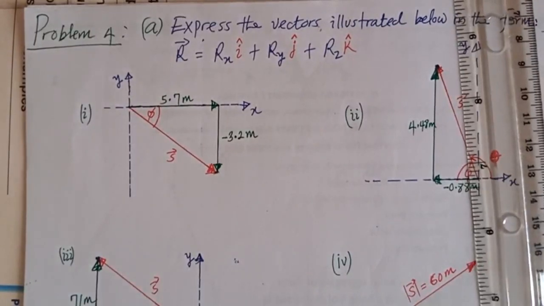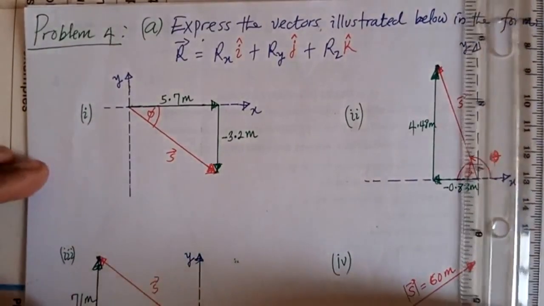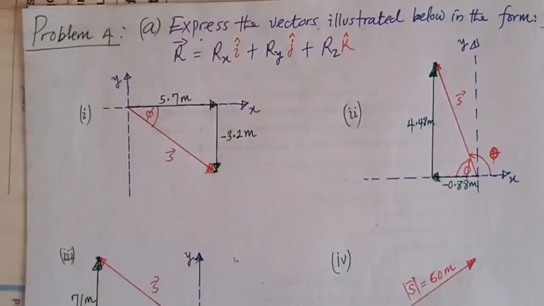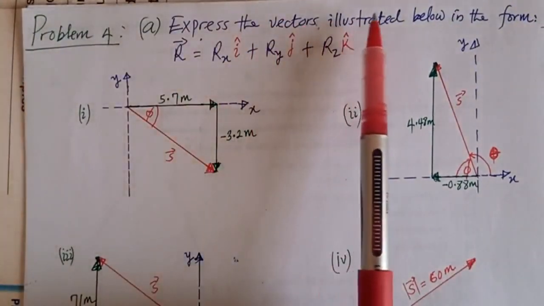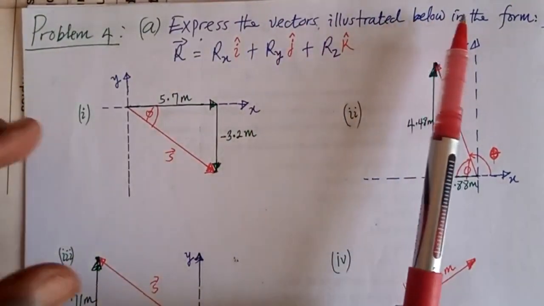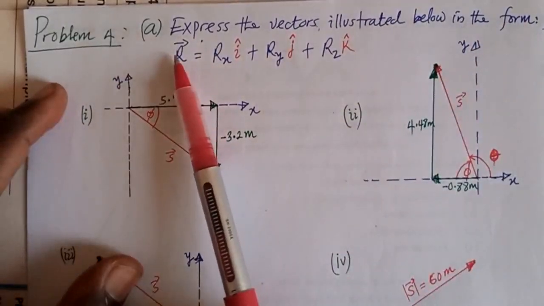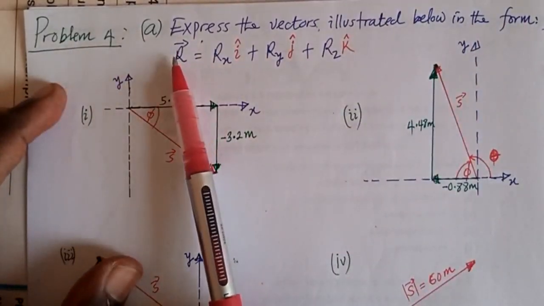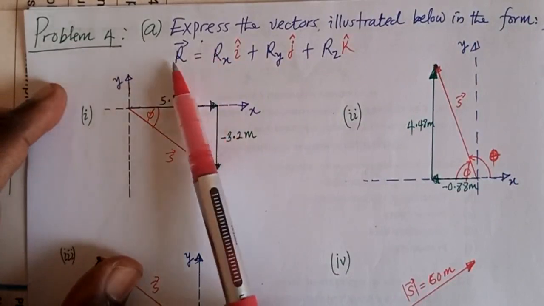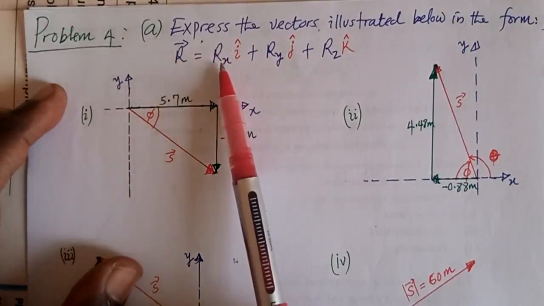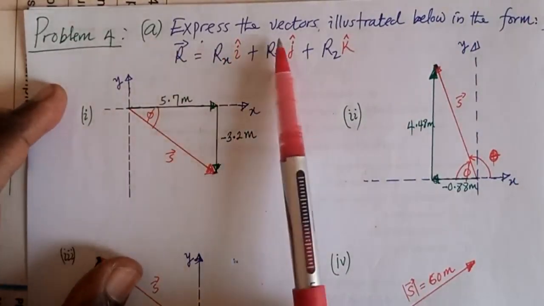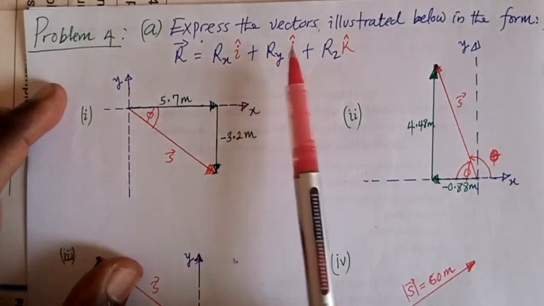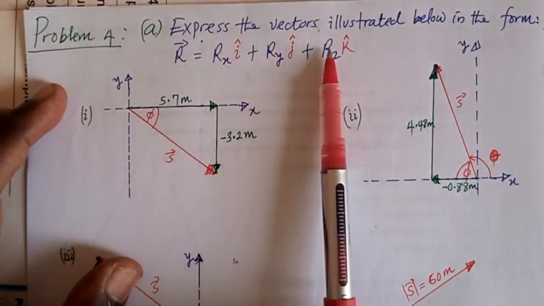Today we will solve problem 4 according to the material. The problem reads: express the vectors illustrated below in this form, meaning this is a vector. A vector R has a component along the x-axis, a component along the y-axis, and a component along the z-axis.